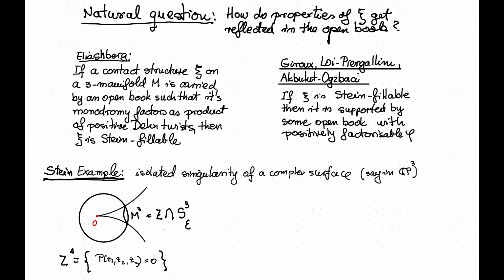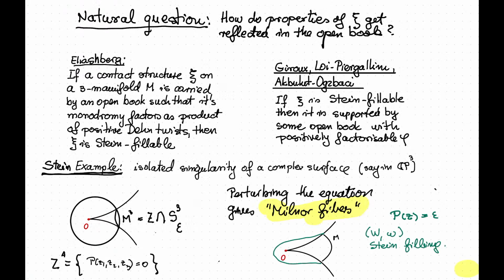So remember that there is a plethora of Stein examples, and lots of them come from isolated singularities of a complex surface, say in C3. So let's say we have a polynomial that has an isolated singularity at the origin, and we intersect it with a small sphere, getting a three-manifold on the boundary.